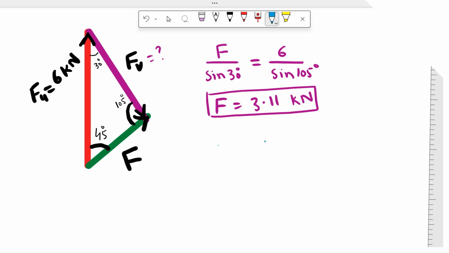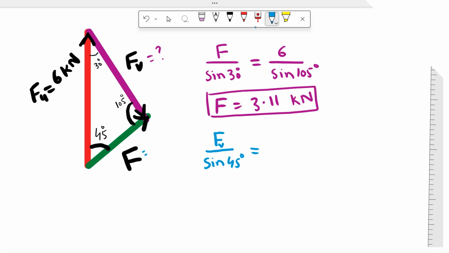Only this component remains. We will find the value of Fv. The sine law says that the force divided by the sine of its opposite angle. Here we have this force Fv, and the opposite angle is 45 degree. So Fv over sine 45 degree equals, now it's up to you whether you take this force or this force, since we already know the values and their respective angles.